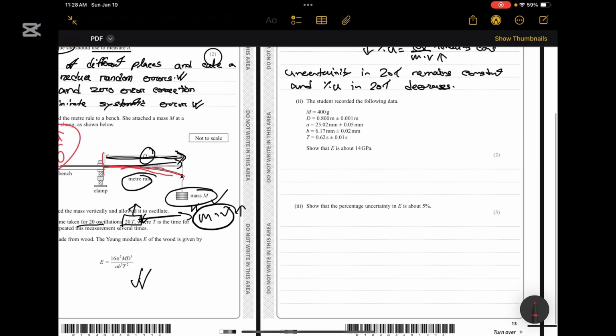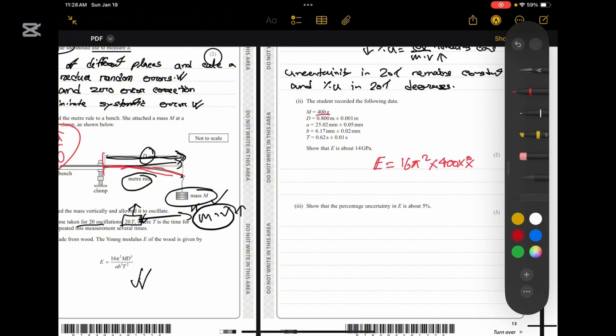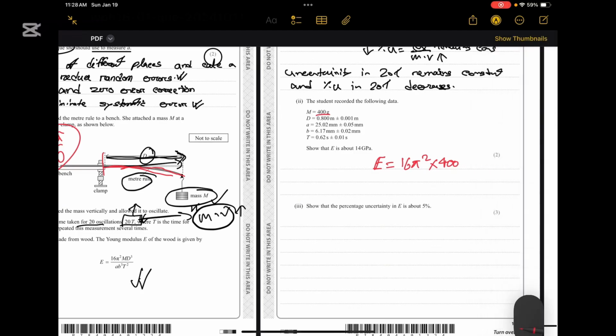We know the formula right here: E is equal to 16 pi squared into m, which is 400 into 10 to the power minus 3, because it is in grams, which needs to be converted into kg, into d cubed. d is 0.800, so 0.8 meter to the power of 3, divided by a, which is 25.02 and needs to be converted into meters, 25.02 into 10 to the power minus 3, into b cubed. b is 6.17 into 10 to the power minus 3, cubed.